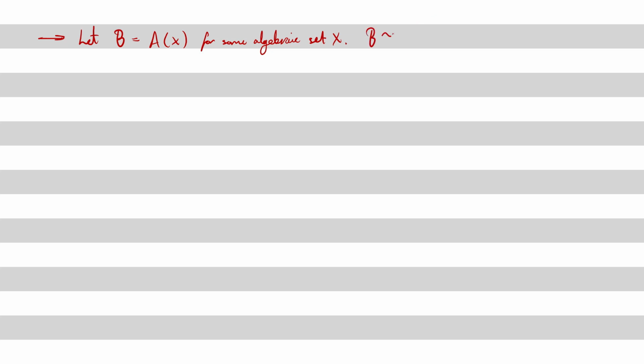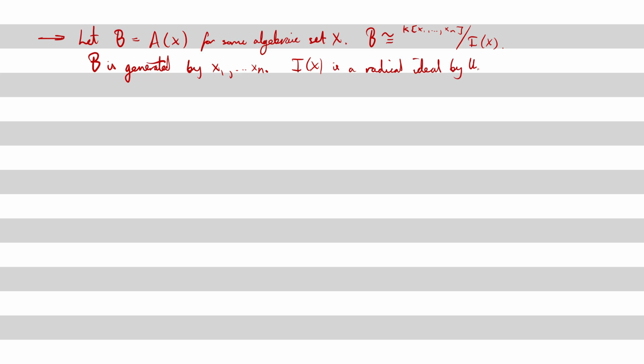Well, then B is isomorphic to k[x1, ..., xn] over I of X. B is generated by x1 through to xn, kind of obviously, and I of X is a radical ideal by the Nullstellensatz.